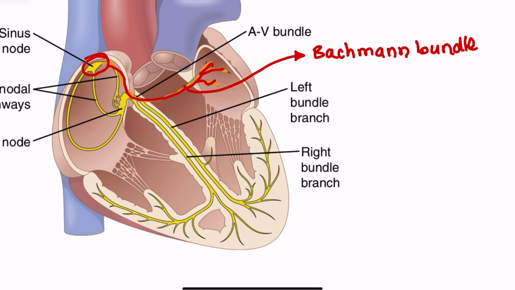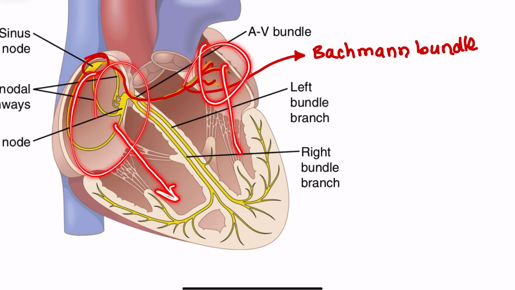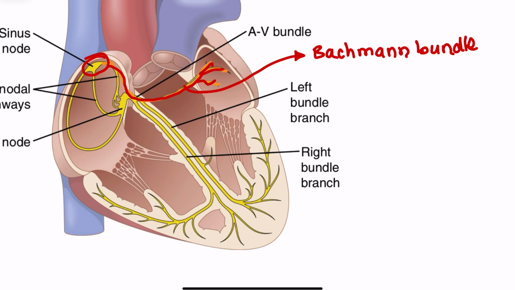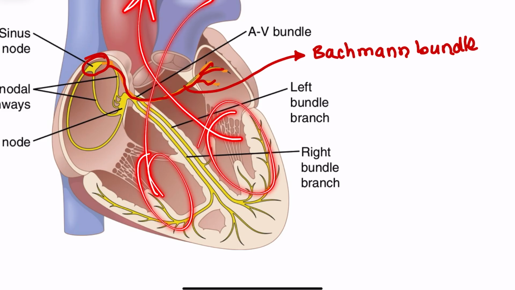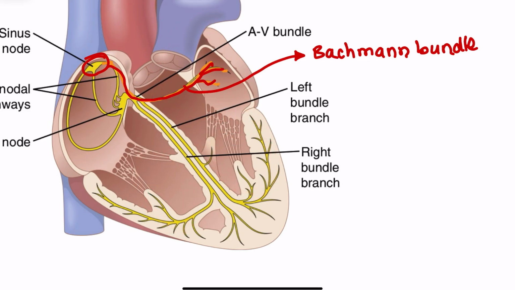So the blood in the atria will be squeezed into the ventricles, and after some time the ventricles will contract and the blood will go to the general circulation and the lungs, depending upon the right and left ventricles. So this is why the AV nodal delay is necessary.